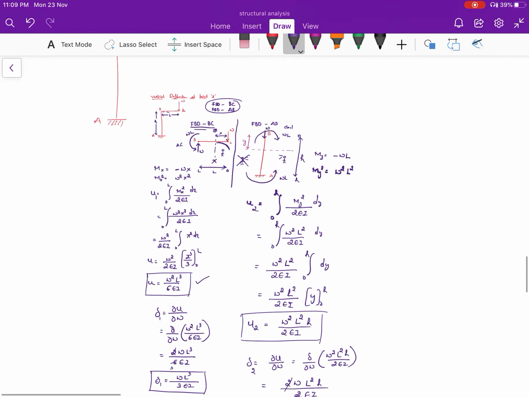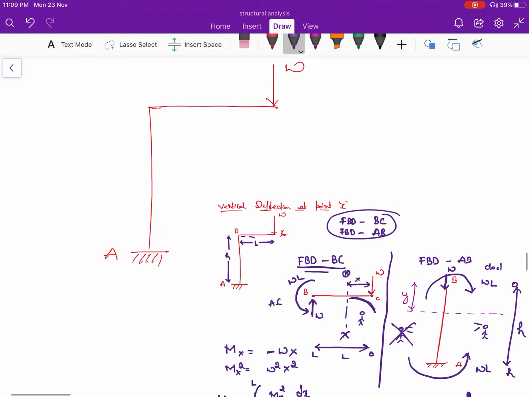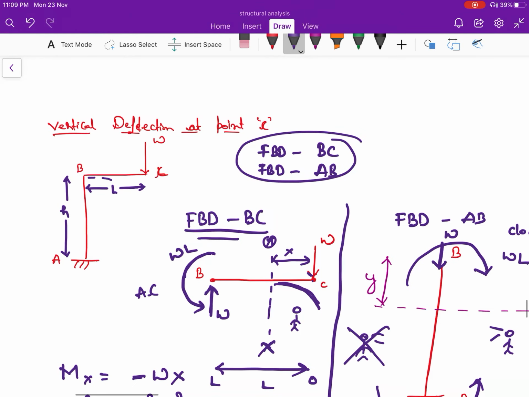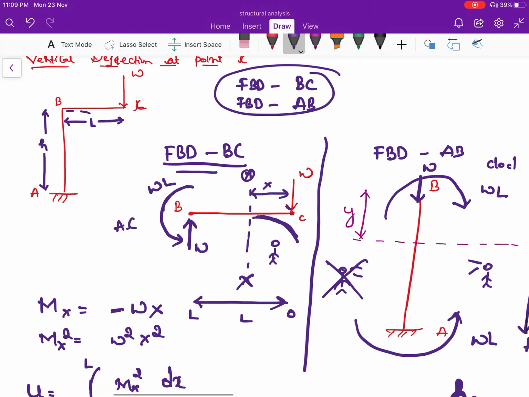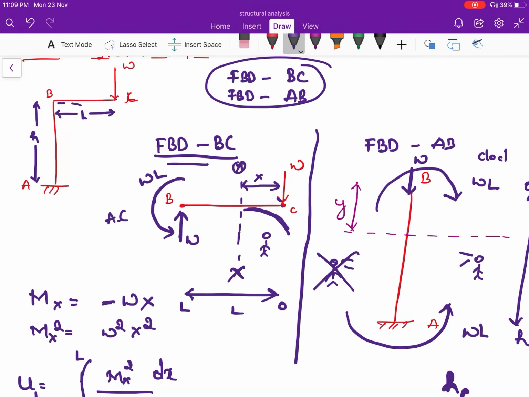What we have done is very simple. With respect to this structure, we have taken the free body diagram for a particular member, one is member AB as well as member BC. After taking out the free body diagram, the loading which has to be provided is very important.